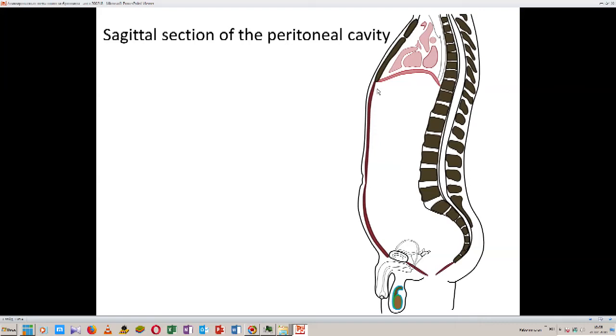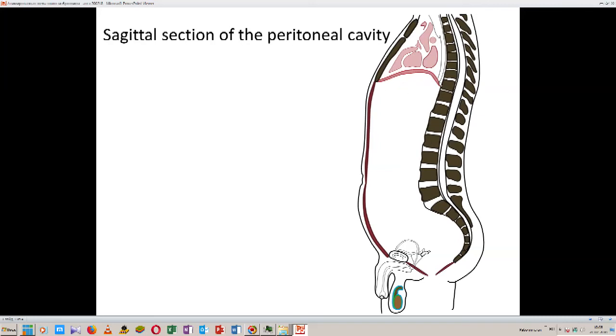So there are 4 abdominal walls: anterior, posterior. Here will be columna vertebralis and posterior muscles of the abdominal cavity, quadratus lumborum, psoas major.